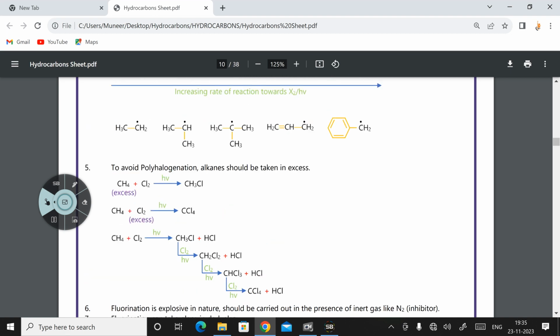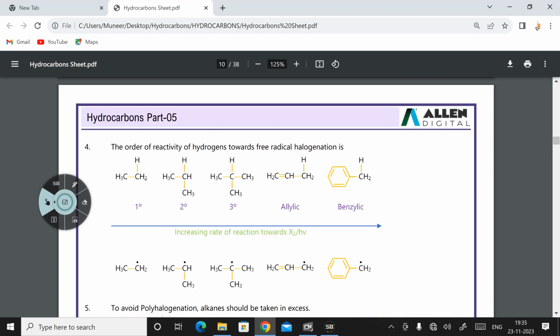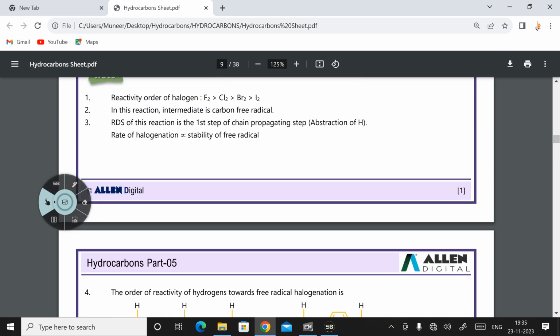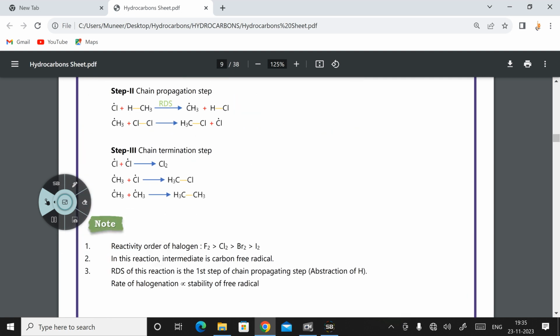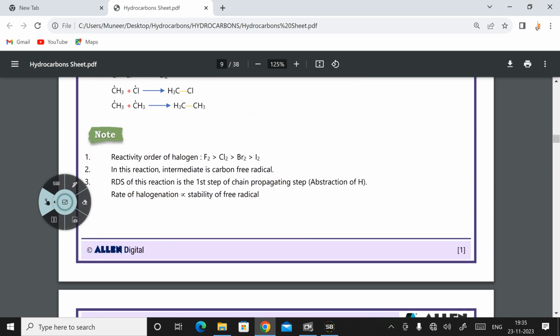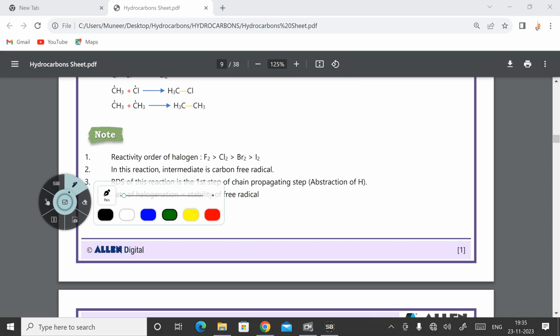And see here, in halogenation of alkanes, which halogen is more reactive? Fluorine is more reactive than chlorine, is more reactive than bromine, is more reactive than iodine. The reactivity order of halogens is important.